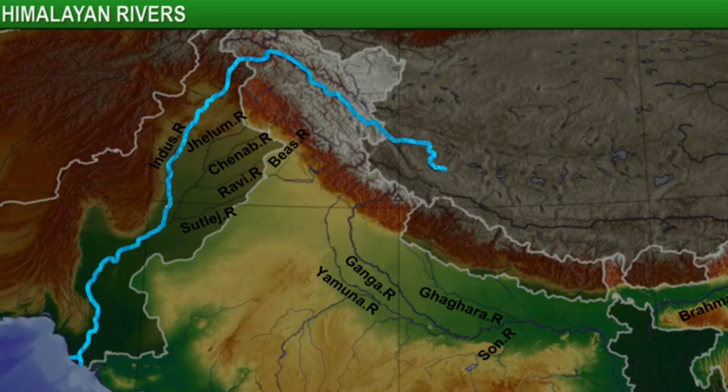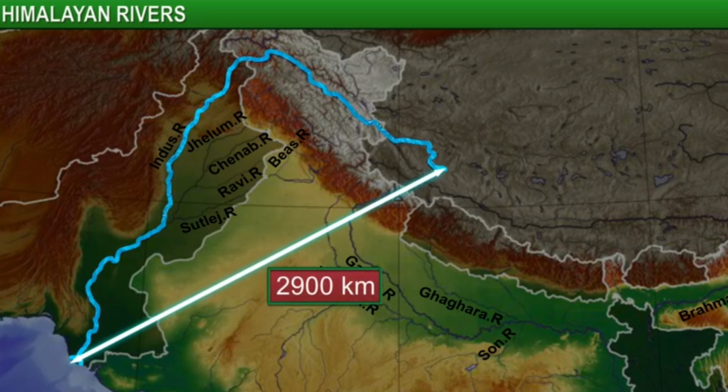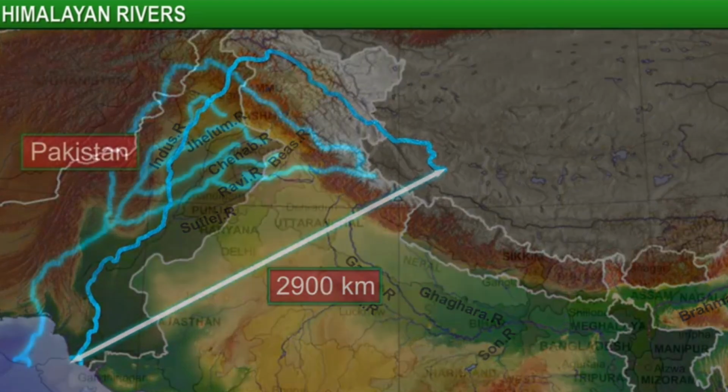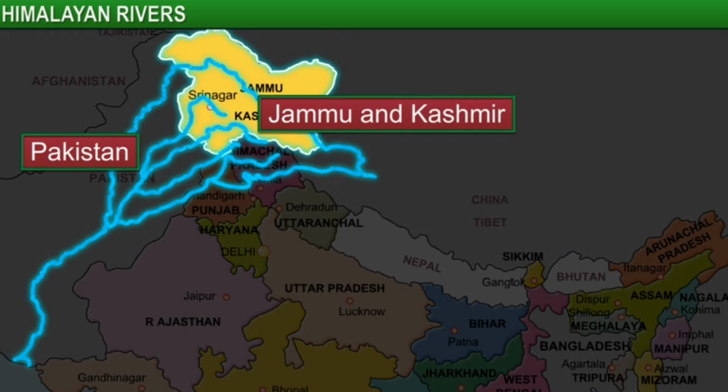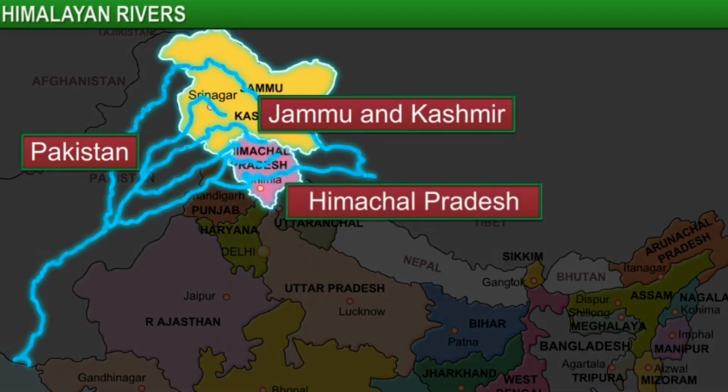The Indus covers a distance of 2,900 kilometers before reaching its destination. Although largely in Pakistan, approximately one-third of the Indus River system is located in the Indian states of Jammu and Kashmir, Himachal Pradesh, and Punjab.